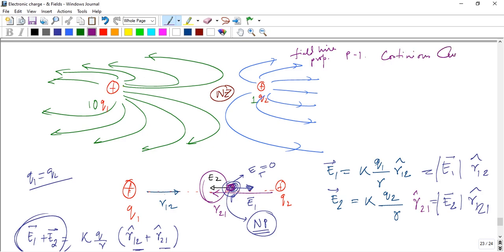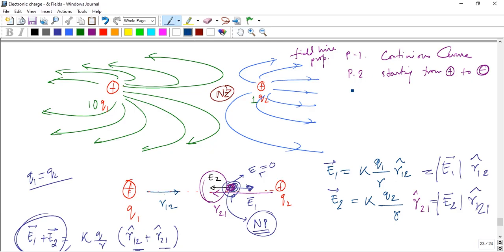Property number 2: it starts from positive and ends at negative.